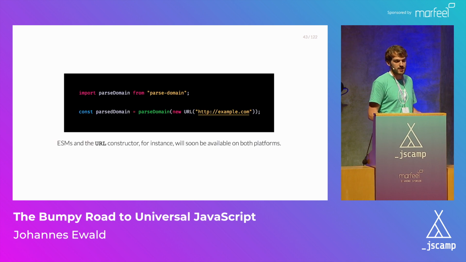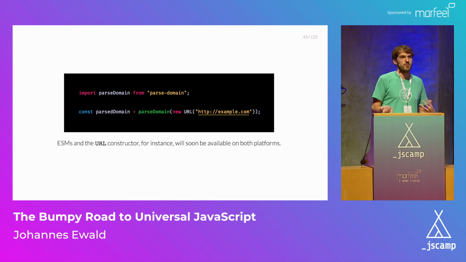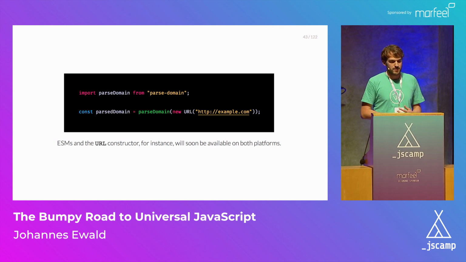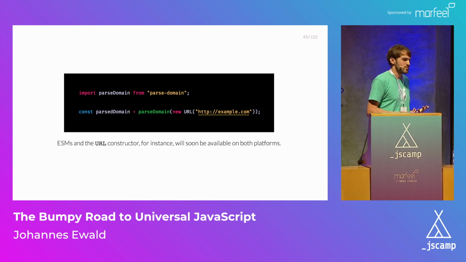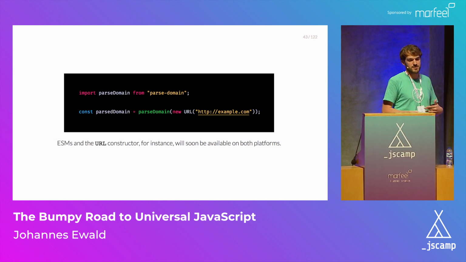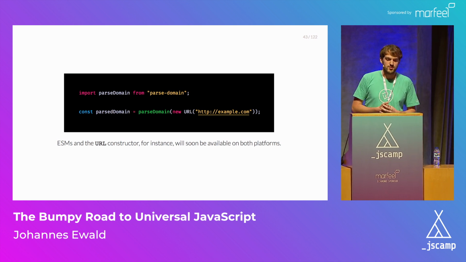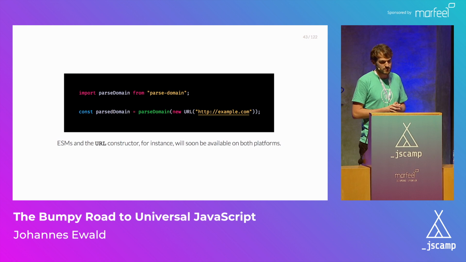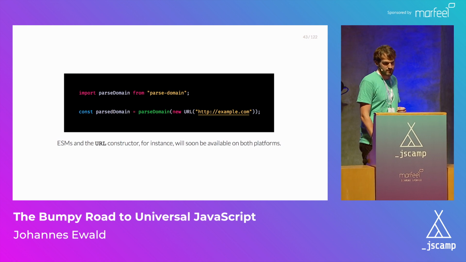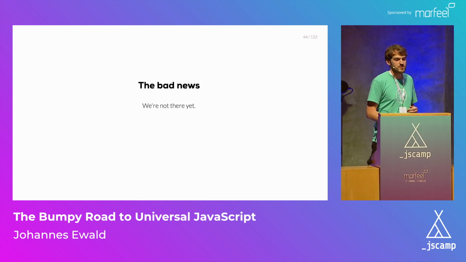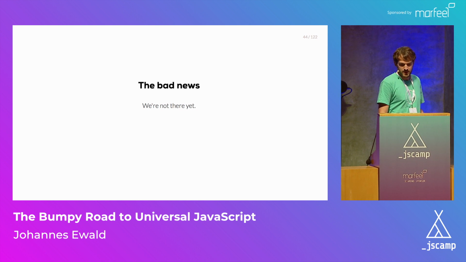For instance, if you take a look at this example code, this could be perfectly valid on both platforms. And soon, this will be executable on both platforms, because, for instance, the URL constructor is going to be added to Node.js. But the bad news is we're not there yet.